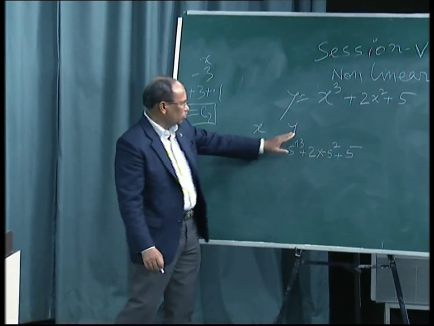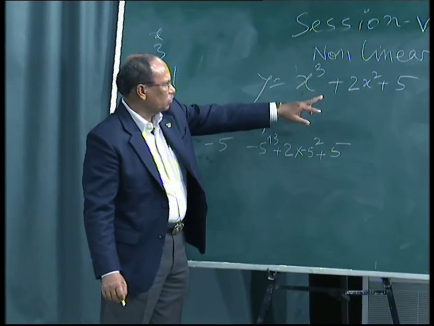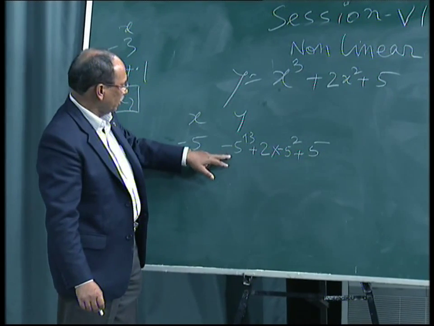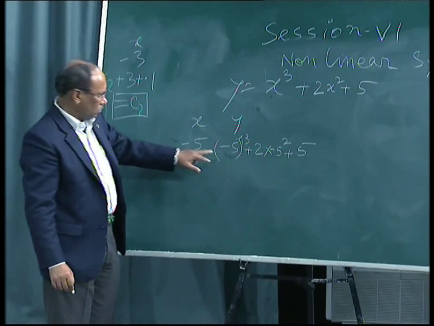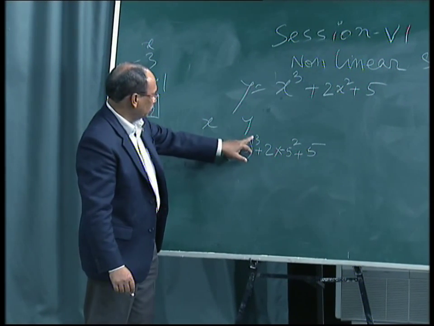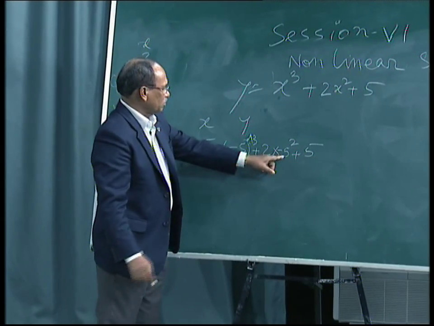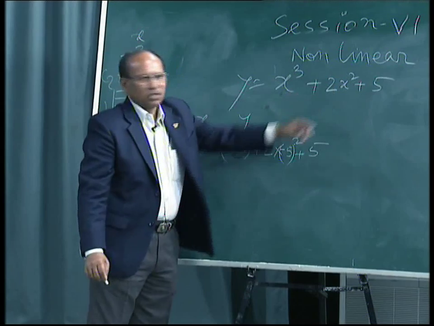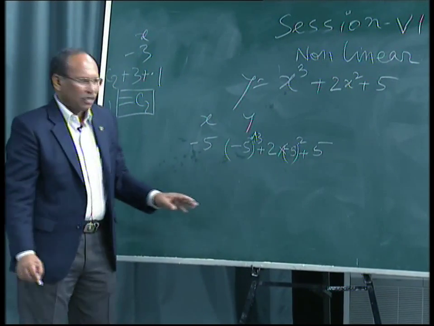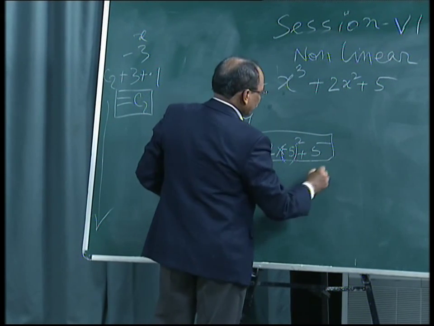Corresponding to that, y is equal to x cube plus 2 x square plus 5. So, x cube, where x is minus 5, and then 2 into minus 5 whole square, plus 5. Once I put this formula it will calculate automatically and give a number.